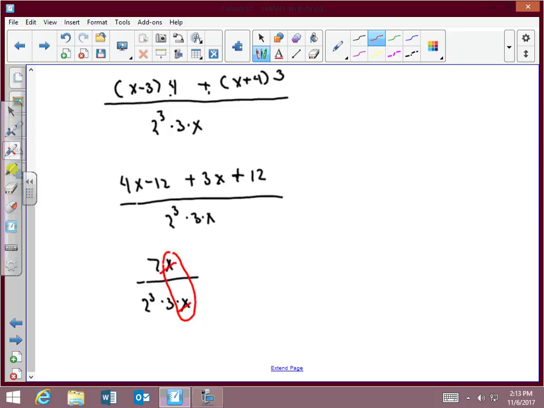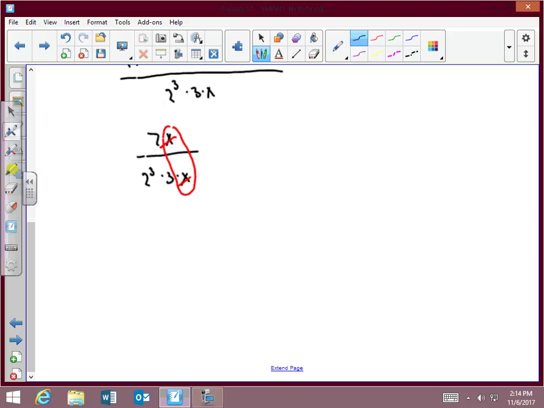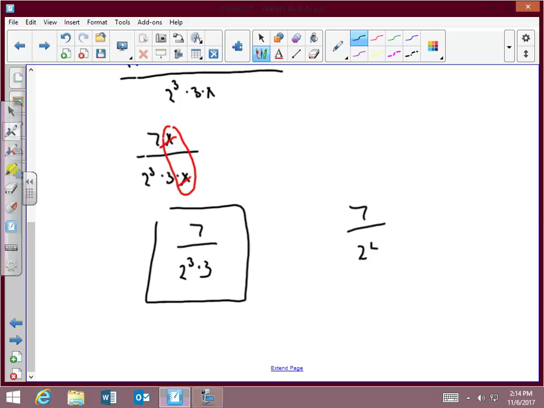So they're multiplicative inverses, they go out. And my answer then is 7 over 2 cubed times 3. That's perfectly fine with me. If you want to go 7 over 24, you feel better about that, that's okay. Okay, any questions on that?